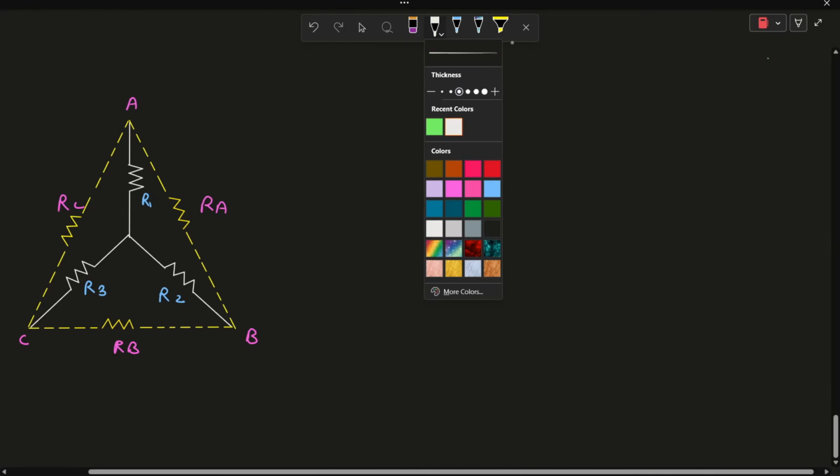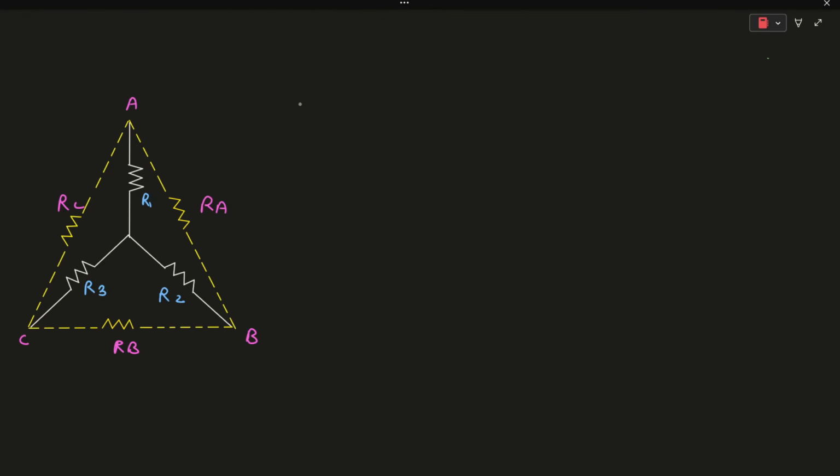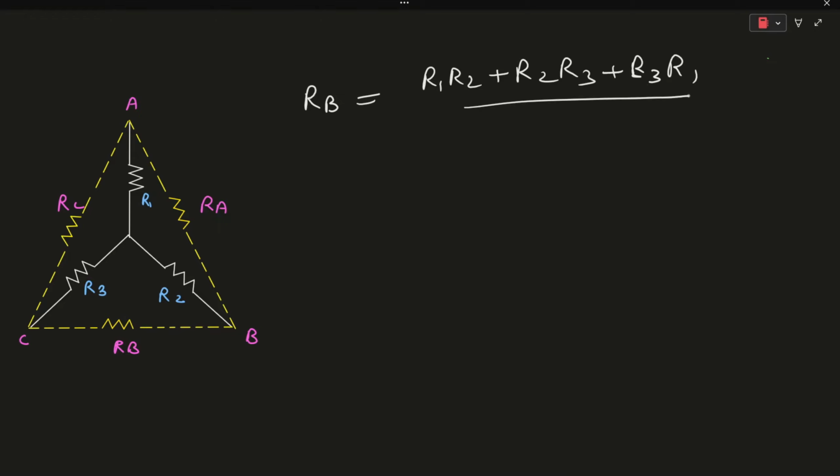Similarly, the value of RB will be equal to R1R2 plus R2R3 plus R3R1 upon R1. Similarly, RC will be equal to R1R2 plus R2R3 plus R3R1 upon R2.